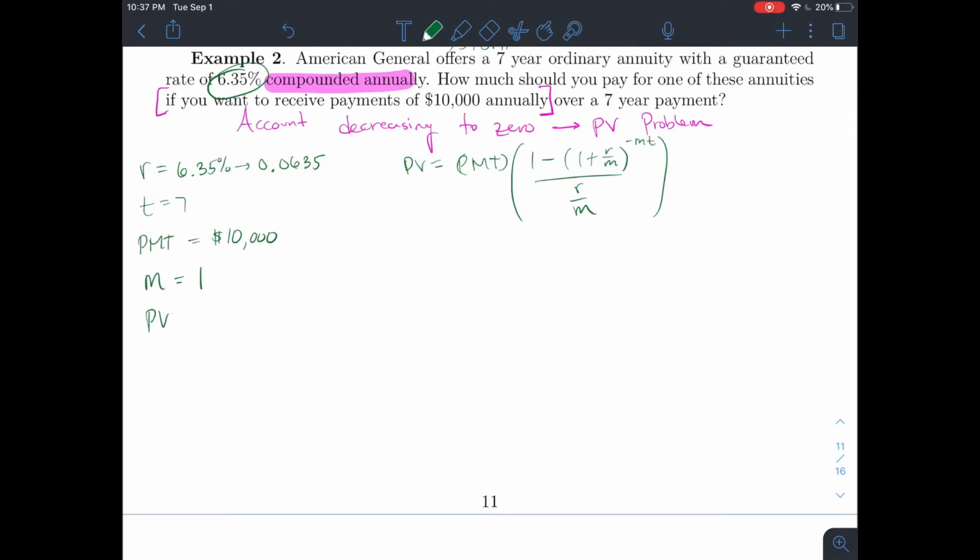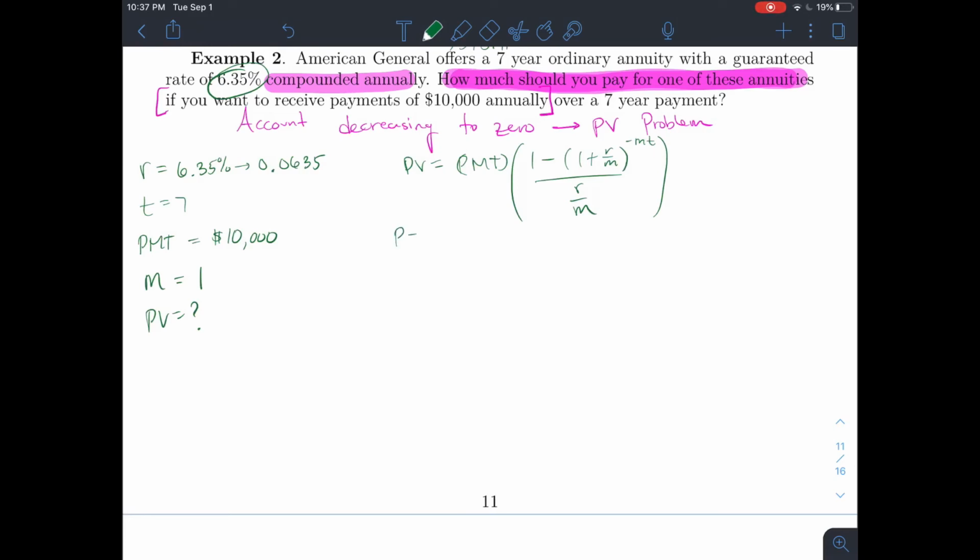And PV we don't know, that's what we're solving for, because it's asking us how much should you pay for one of these annuities. How much should you have in your account when you want to start paying yourself 10,000?